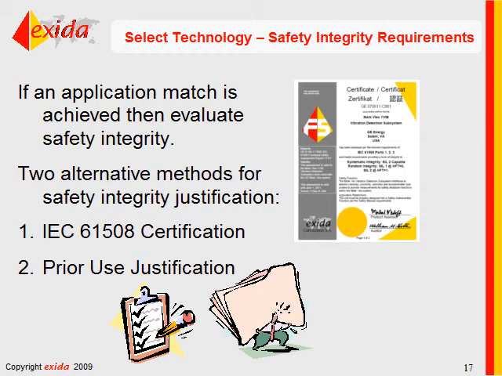I view these as two separate things. First of all, you've got to make sure the equipment you choose will perform the correct function in your application environment. That comes first. And on top of that, then, you must justify the safety integrity of the equipment you purchase. There are two ways to do that. Either purchase equipment that has been designed according to IEC 61508, or you may do a prior use justification.